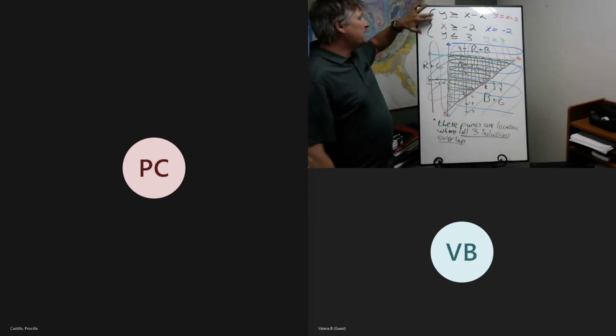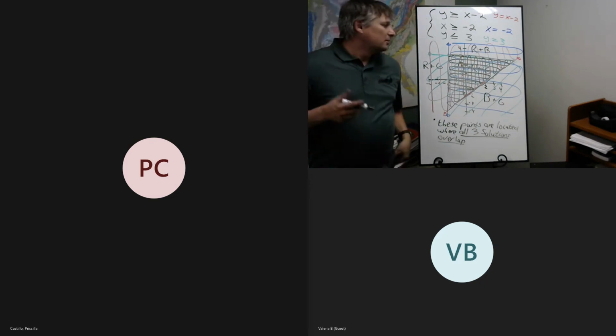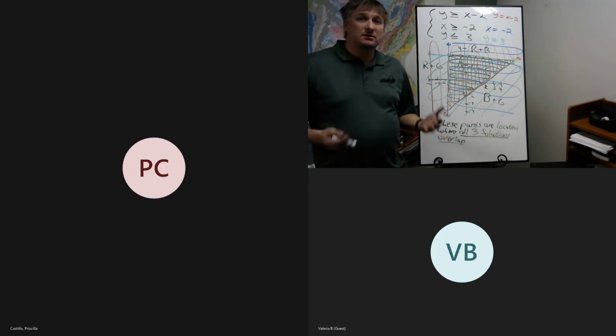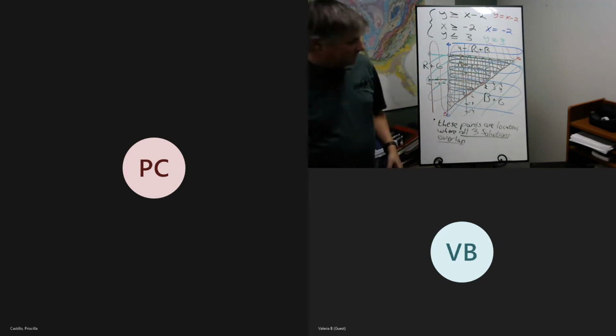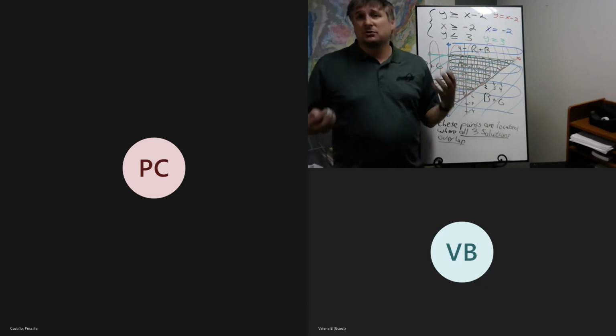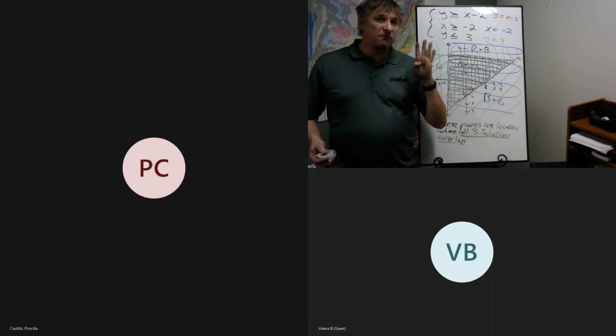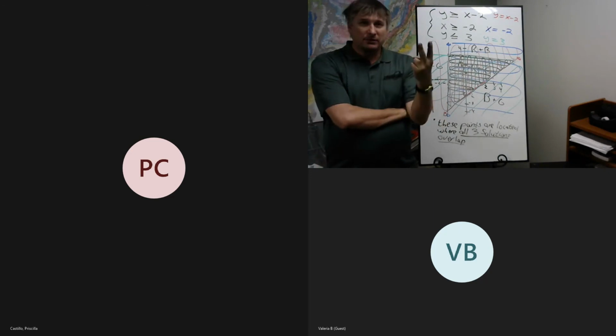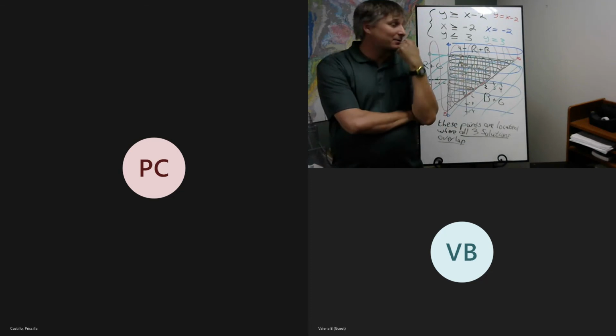So if we have three inequalities, our solution will be the region where all three inequalities overlap. If we have four inequalities, the solution will be the region where all four overlap. Where only two overlap, that's not a solution. That means we left one of the inequalities out.